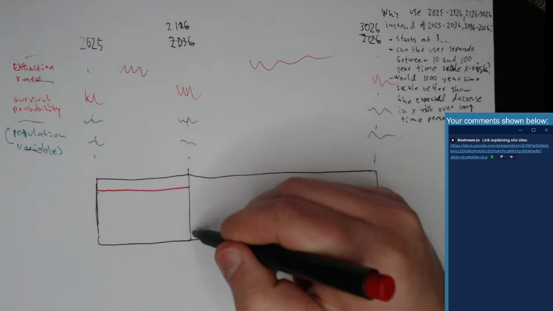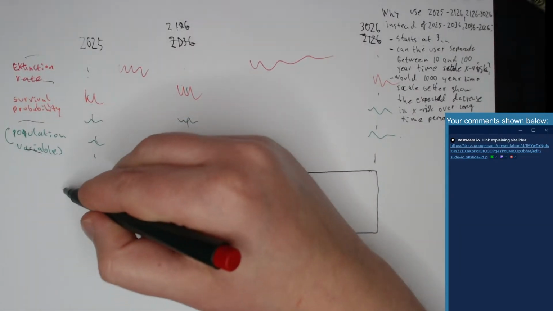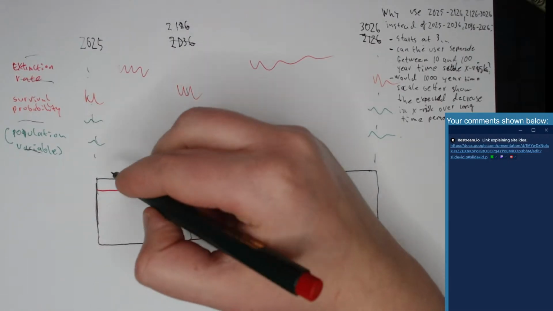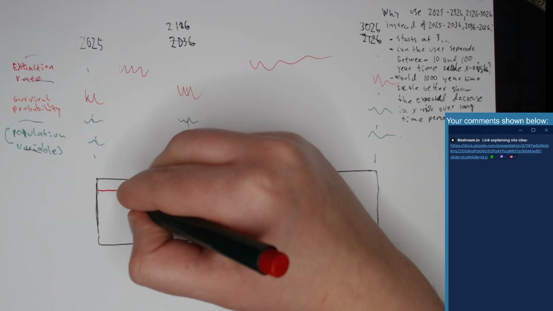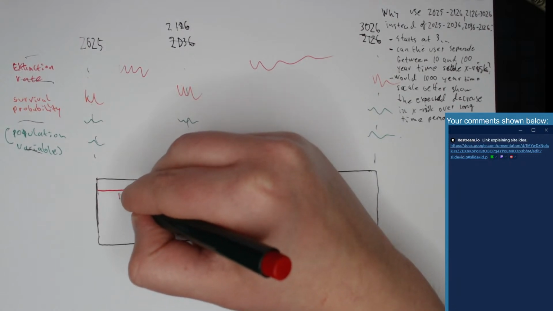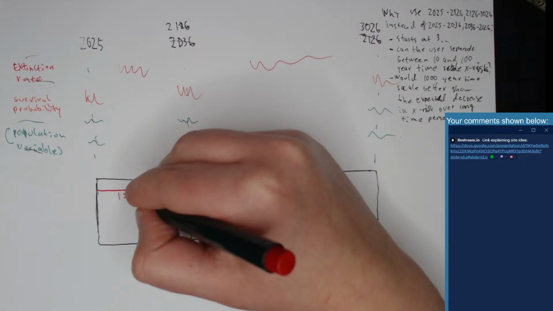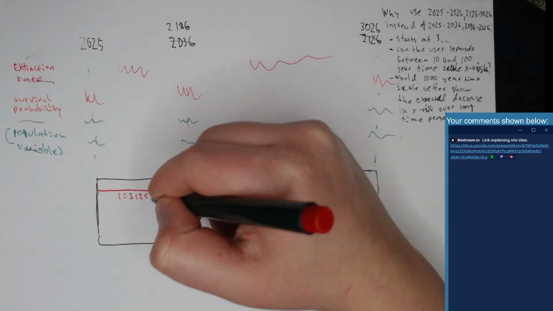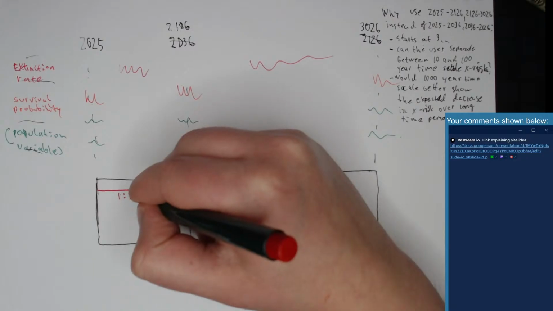So let's say that we have, I could have it here, one in 2000. So this would be okay. I don't want to use that kind of number.